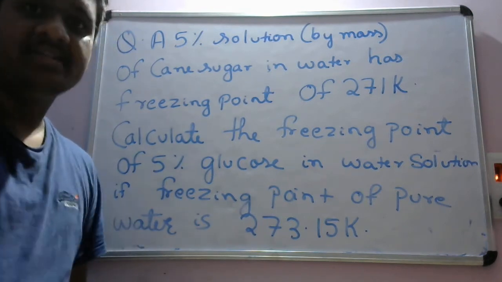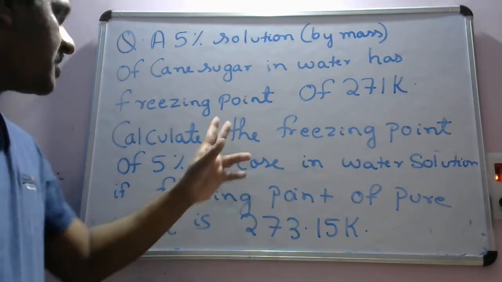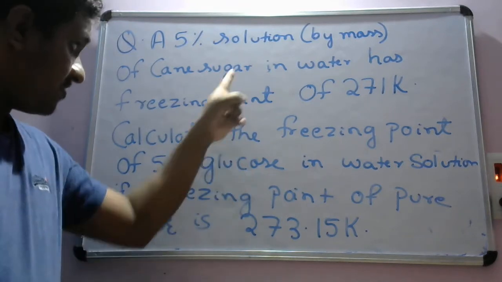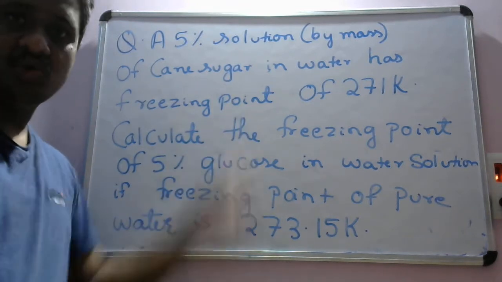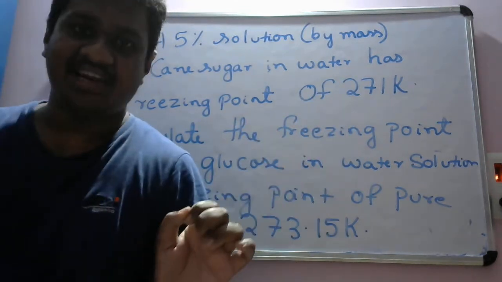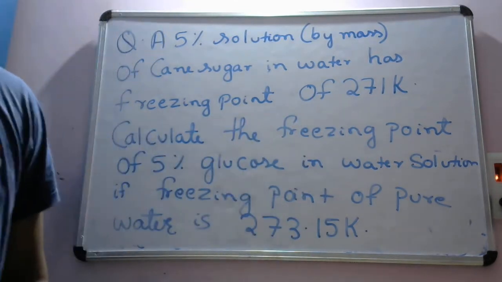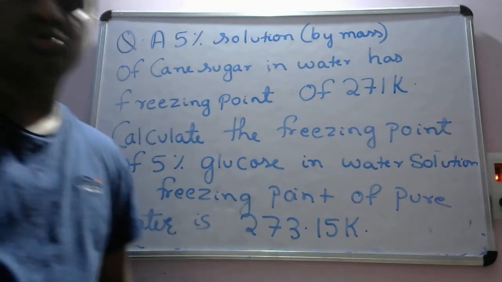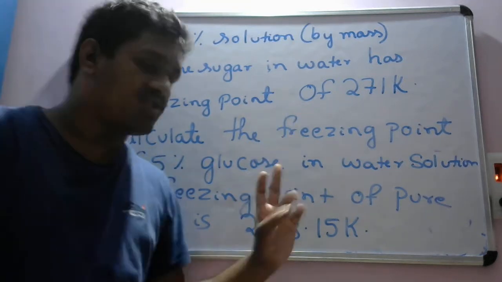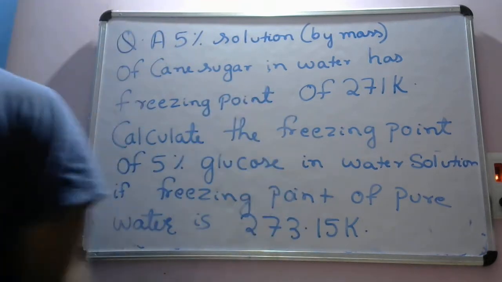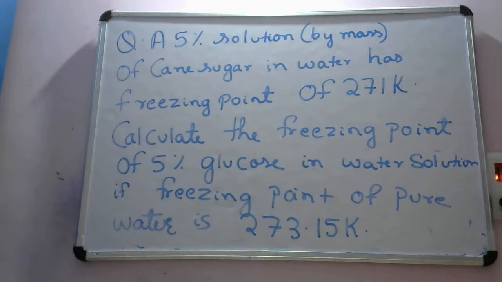So the only thing which will be same for both the solutions will be the Kf value. Kf value means our molar depression constant or cryoscopic constant value will be same for both because the solvent is same, that is water. Now let us try to solve this question. First you note it down.